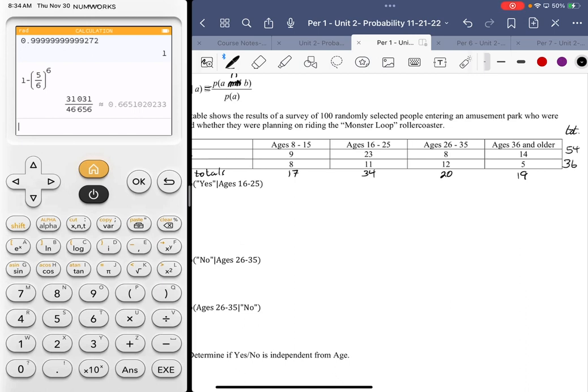Oh, is this the one? Hold on. 19, 31, 36, 32, 40, 54. I think they only add up to 90. 51. So, yeah, I knew there was a typo in here. That should be 90 randomly selected people.